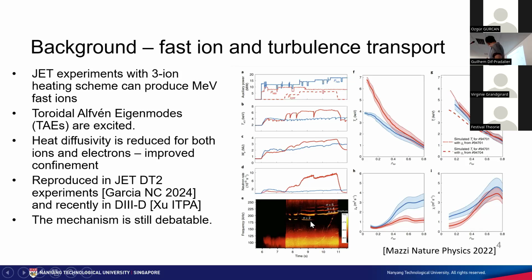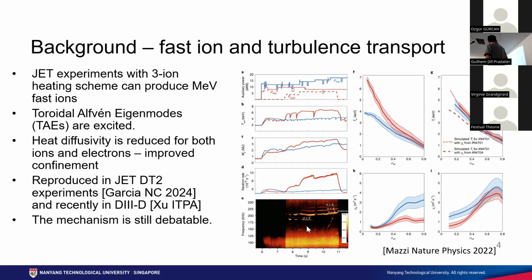So the bottom left figure is a plot of the frequency versus time. It's a spectrogram of the magnetic oscillations. And these very strong lines are the signature that the alpha negative mode has been excited. And this also corresponds to when the temperature actually increases.